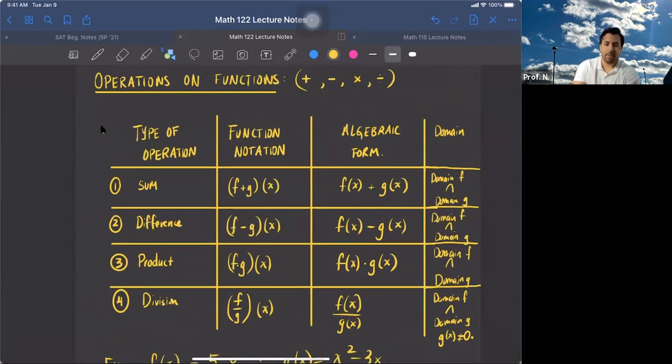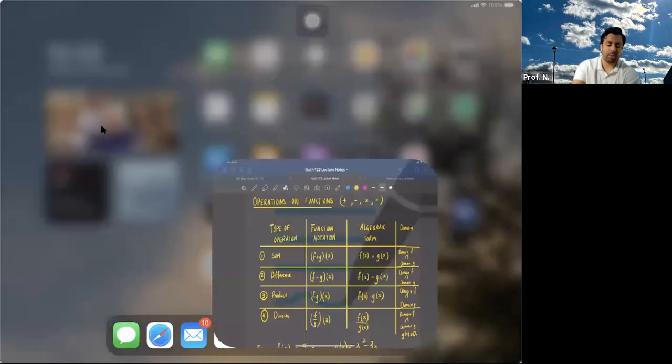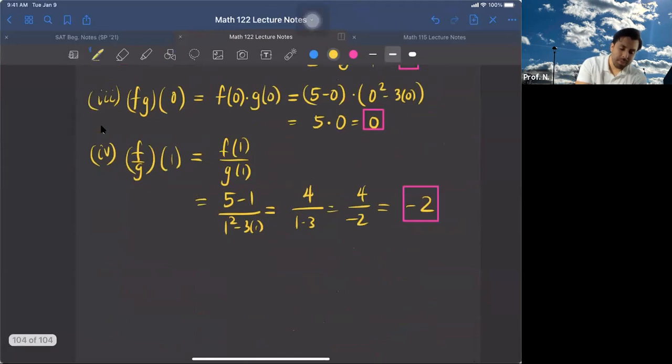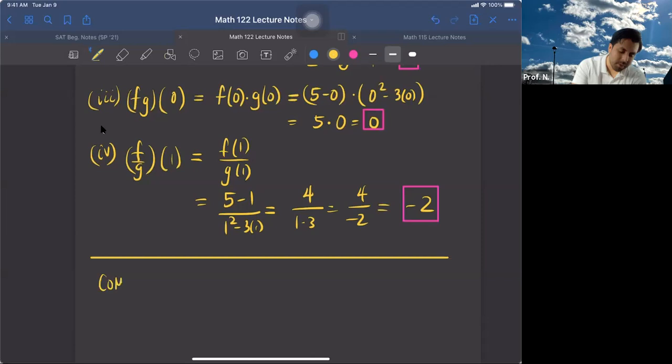The next operation that we're going to be considering is composition of functions. So that's when you're like, wait, that's an actual thing. What we're going to be discussing next time is what's called composition of functions.